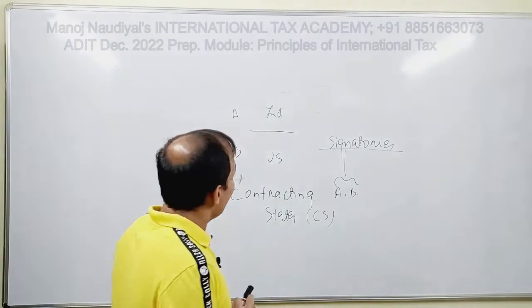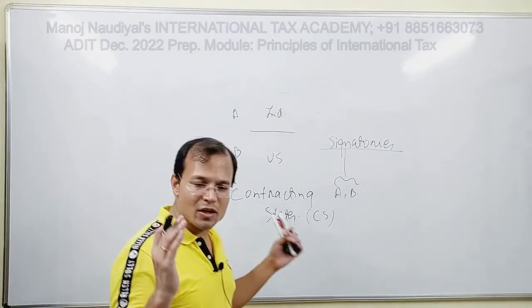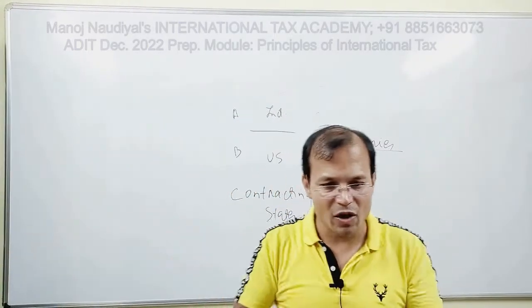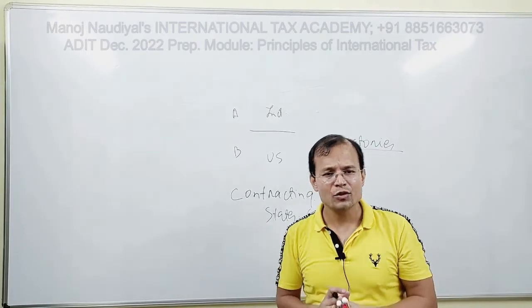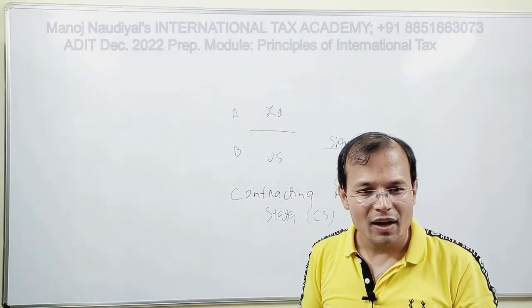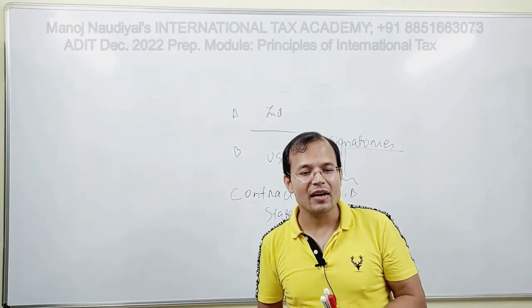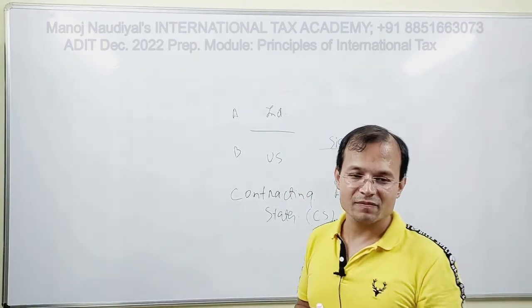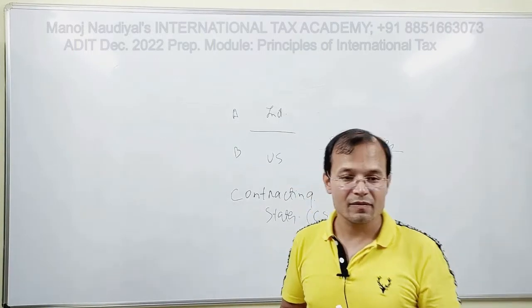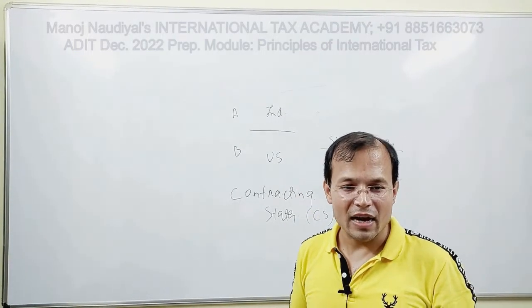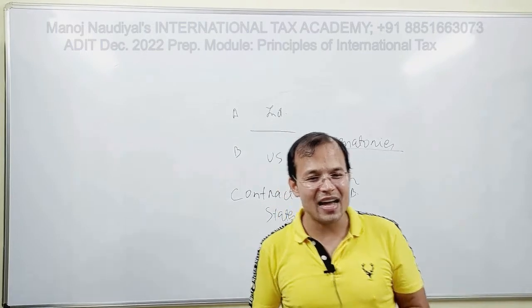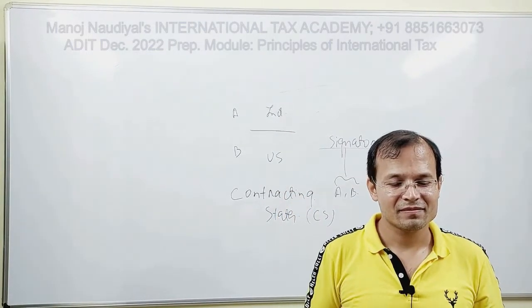Fine. Okay. Any idea what is the total number of tax treaties in the world as of now? Any idea? Swati? More than 95? More than 90? Narendra and Pramit? 97, okay.